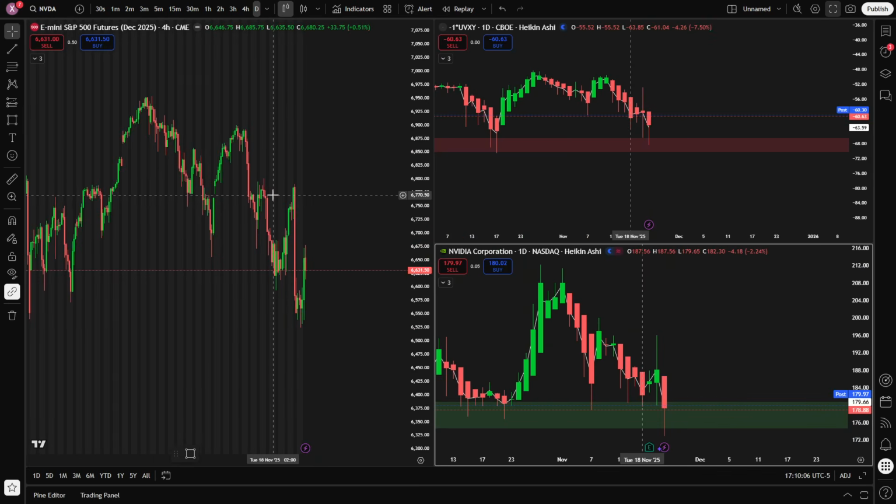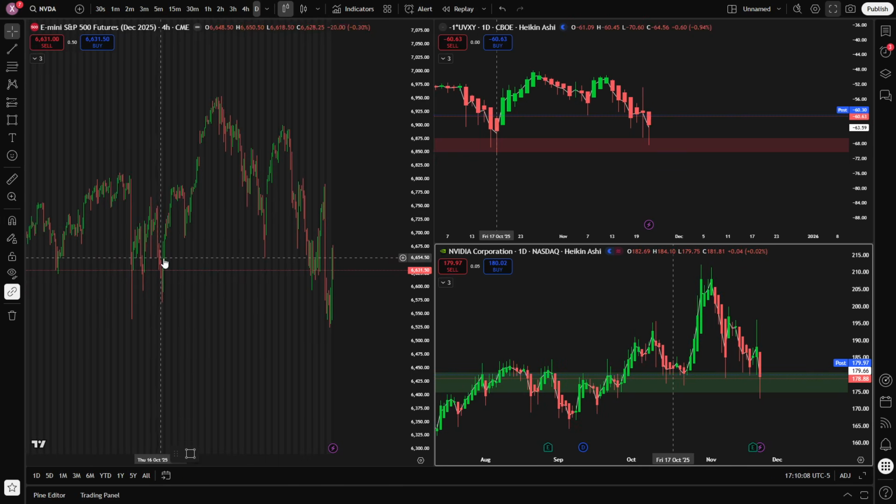Now if I go to ES, here longs, here longs, here longs, here longs, here longs. You can't tell me that's not a confluence of a lifetime. That's the reason I use intermarket analysis. You cannot get this type of confluence standing alone with ES.